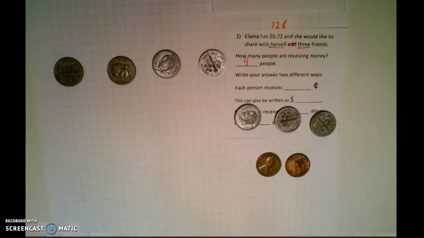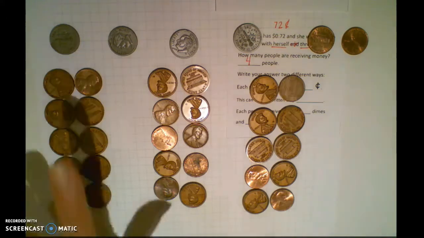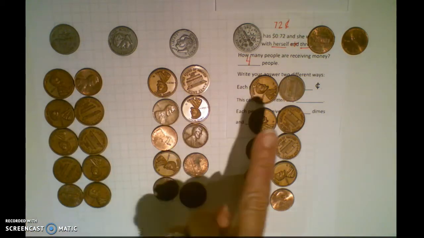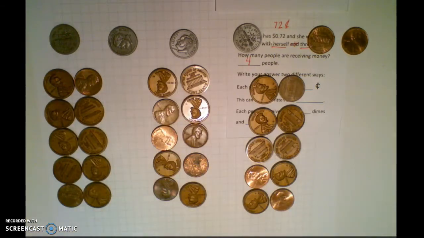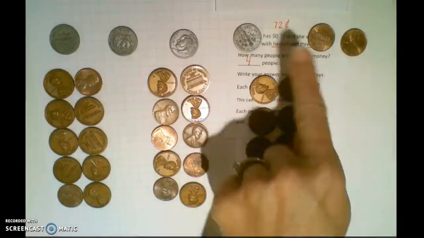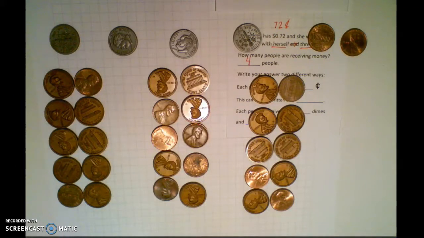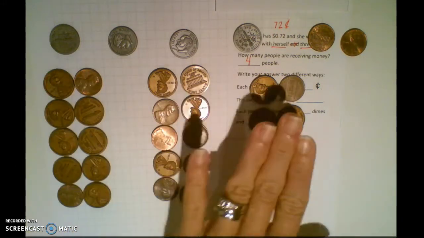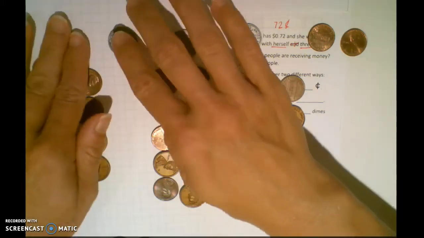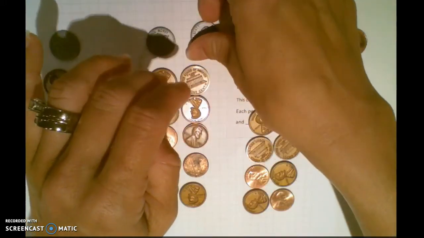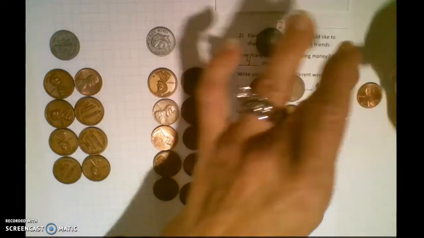Let's do that now. Okay, so let's look here. Each dime that I gave up, I got a group of 10 pennies. And these 2 are from the 72 cents, the extras that I still had. Altogether, I have 10, 20, 32 pennies, which I know from the last problem can be divided evenly by 4 to get 8 pennies.